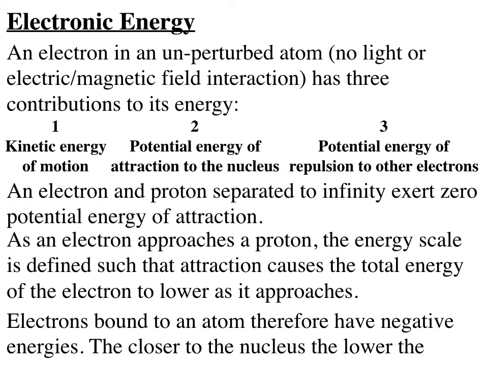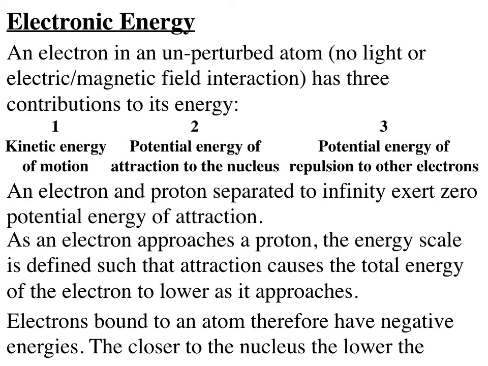So first, let's go over some basic ground rules. If you have an unperturbed atom, which has no light shining on it or any electricity or chemical energy of some other type being pumped into it, then the electrons in that atom have three contributions to their energy. The first is them simply flying around through space, just like a car moving down the highway.